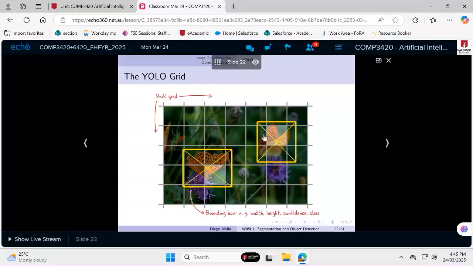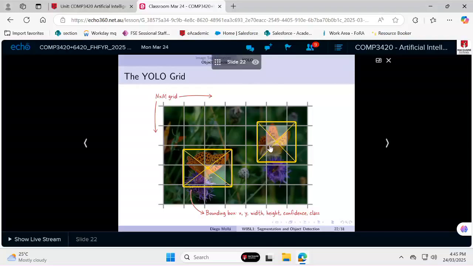These highlighted cells in the grid are the ones in charge of detecting the bounding boxes shown in the image. So basically trying to find bounding boxes which are centered on that particular part of the grid. It doesn't matter if the actual bounding box extends farther, larger than the original area of the cell.